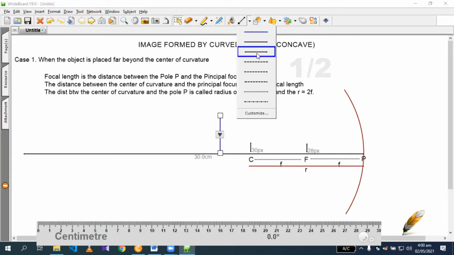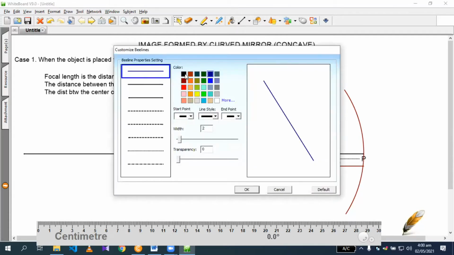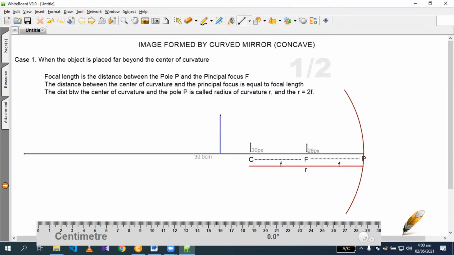The first one, let me quickly do this, and let's go back to black. The first ray will come from the top directly and hit the mirror.